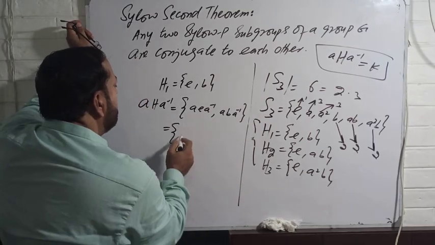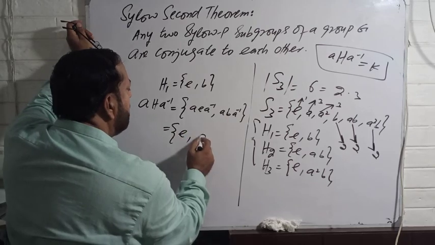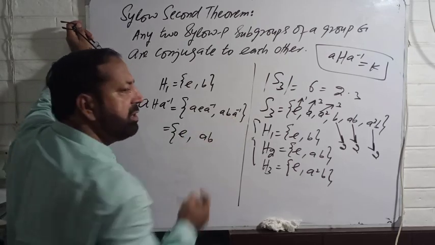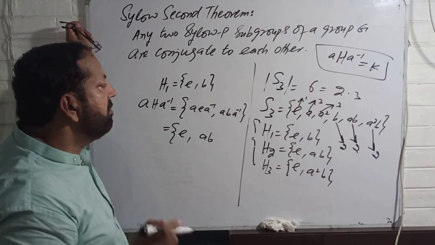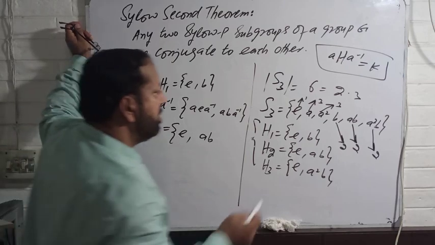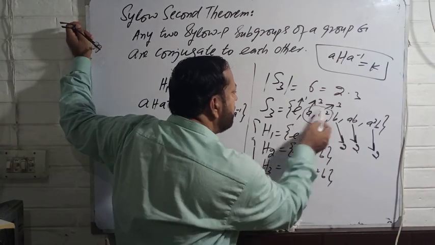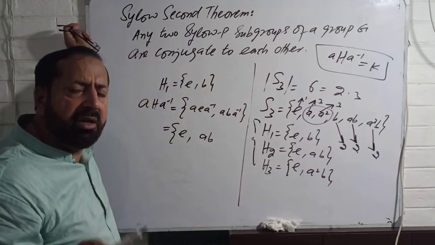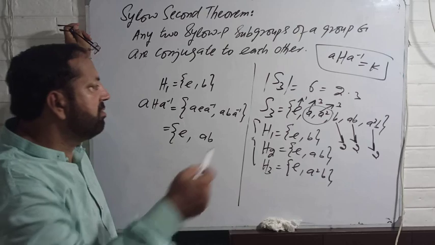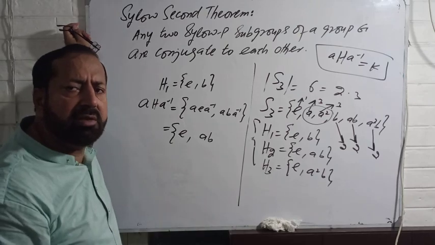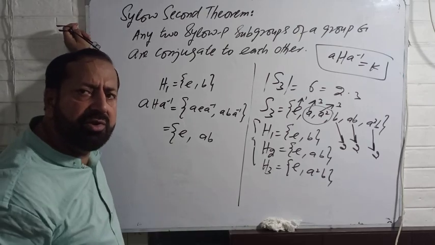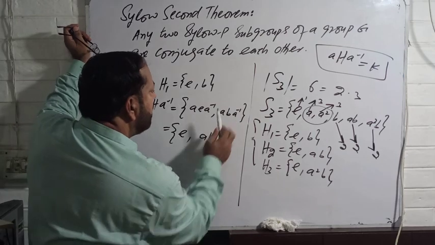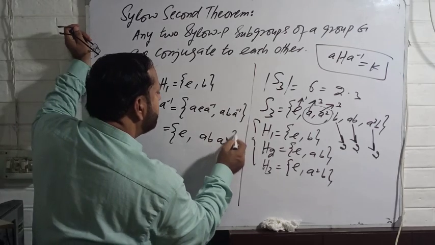This is E and this one is AB A inverse. What is A inverse? You know in S3, A inverse is A square. These two are the inverses of each other because both are of order 3. A and A inverse have the same order, and you have exactly two elements of order 3. That's why they are inverses of each other.